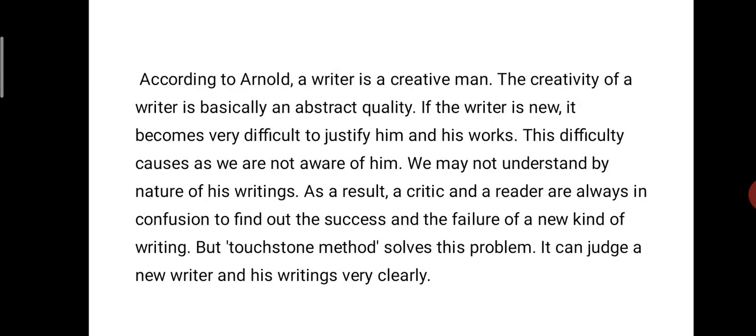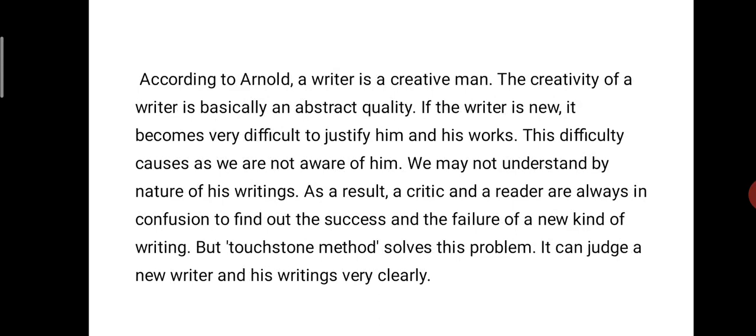So, according to Arnold, here we can understand how the classical writers are taken for judgment by Arnold, and he wants to justify him and his work, and what abstract qualities he finds in the other writers: Dante, Chaucer, Homer, Virgil, and Shakespeare.